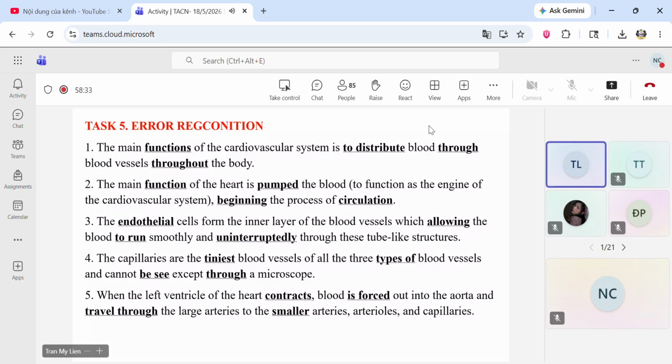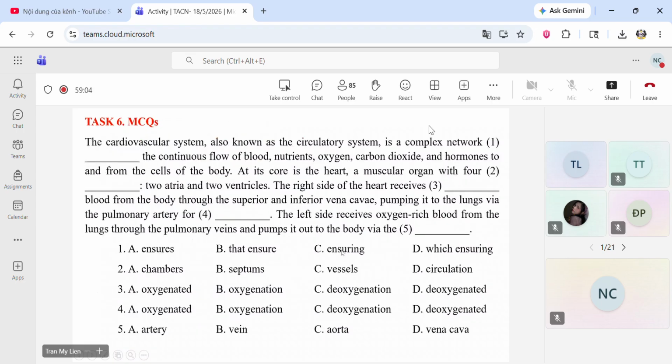That's five, error recognition. Passage goes next. MCQs for the passage.